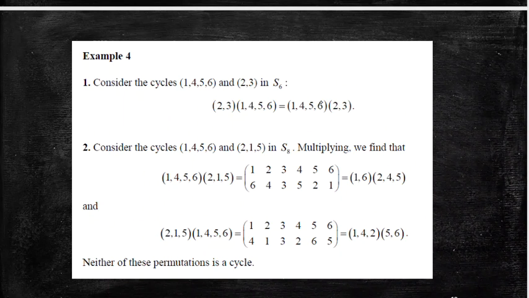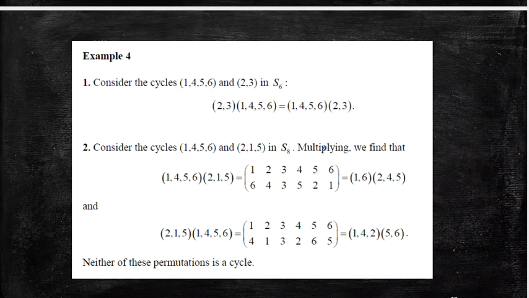That means they are commutative. The multiplication of these two cycles is commutative.